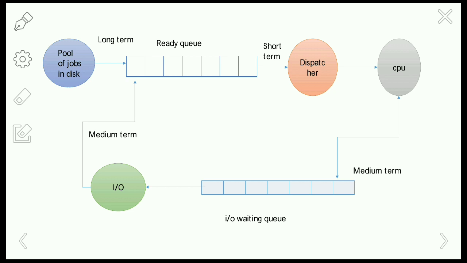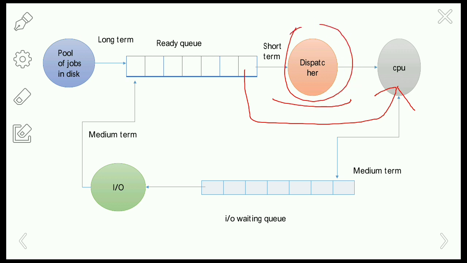Okay, so with the help of the dispatcher, the process is assigned to the CPU. The main function of the dispatcher is to save the context of the previous process and load the other process.